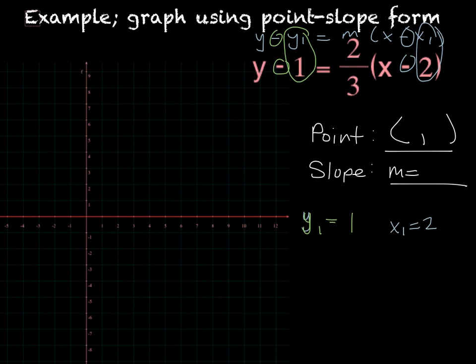So I can match up my point now as (2, 1). And make sure you put the 2 first because x comes before y. And then my slope is the last part there. The slope is whatever is outside the parentheses. So that is 2/3. So m is 2/3.